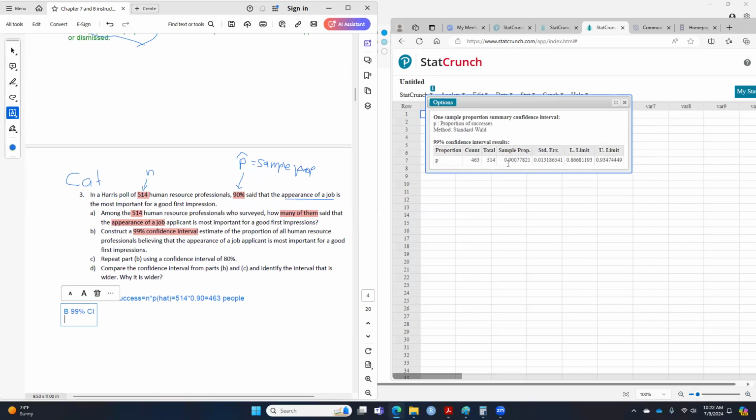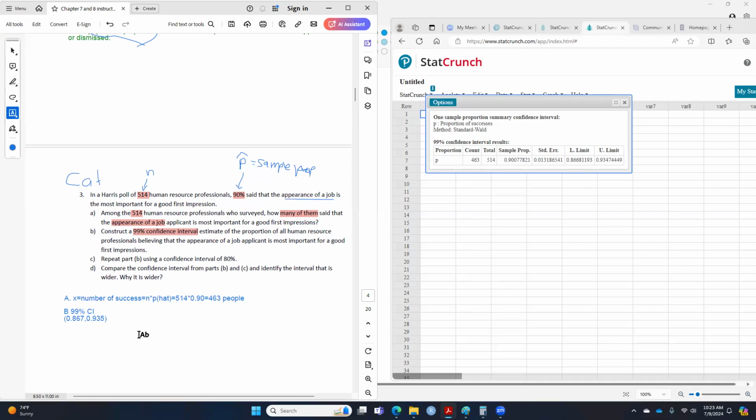Your sample proportion is very close to 90% because we rounded the number. The lower and upper limits are your answer. So your 99% confidence interval is 0.867 to 0.935. This is how you find the 99% confidence interval.